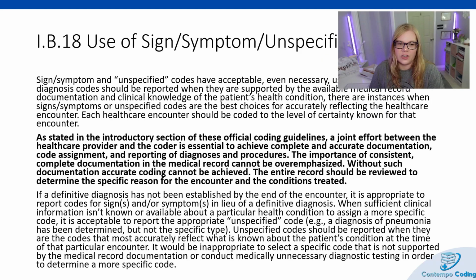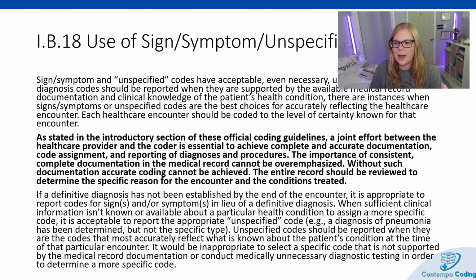Now, this new section, it discusses reviewing all of the components of the medical record as the combination of all documentation by the healthcare providers is what ultimately drives the code selection. So it's not just blindly picking something in the EMR. That has to be supported by the documentation. It's complete documentation in the medical record.